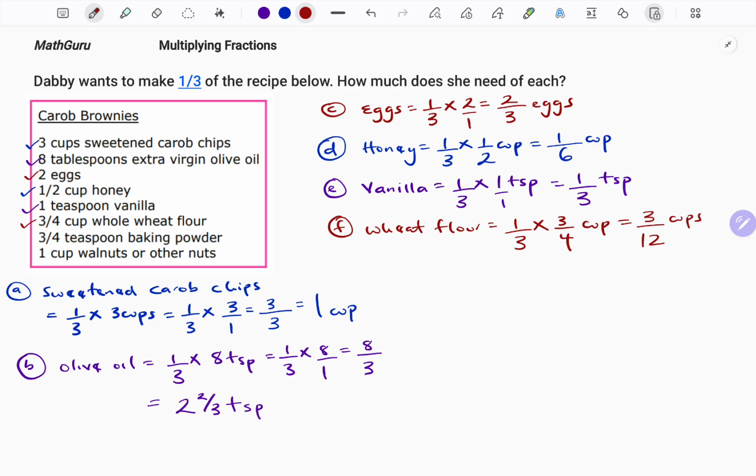If I simplify that further, 3 here 1, 3 here 4, so I actually need a fourth of a cup, so 1 over 4 cups.